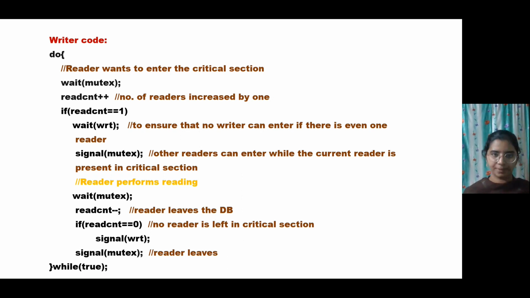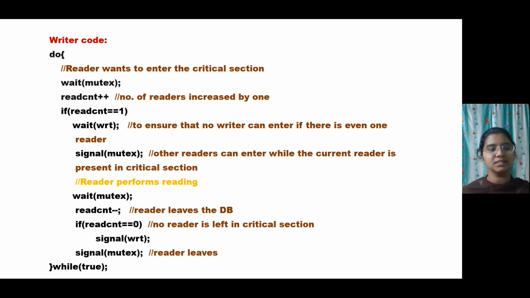After performing the read operation, whenever the reader process wants to exit the critical section, it should decrement the read count value, right? To update the read count value, we should get hold of mutex, so wait(mutex).